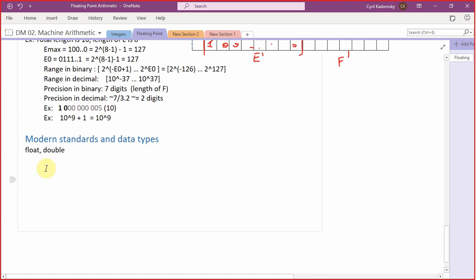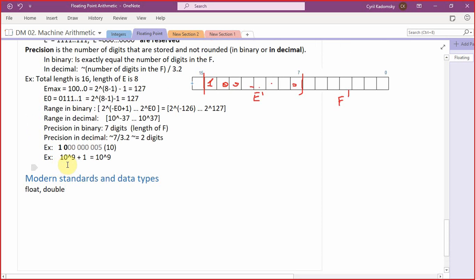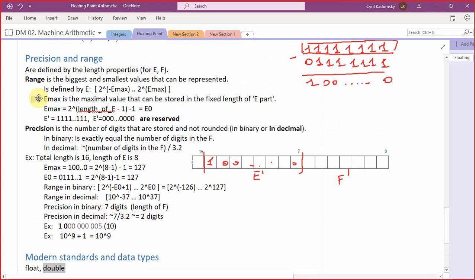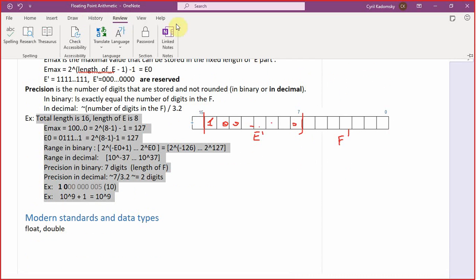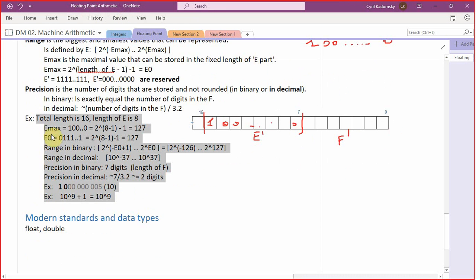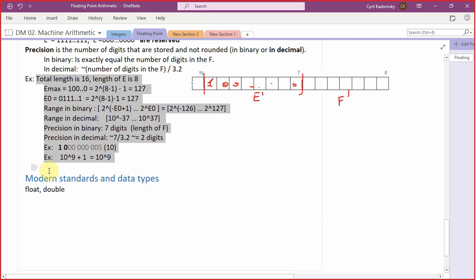And so we must talk a bit more. What do they say about precision and range? Now we have the framework for how exactly to calculate the precision and range of each of them. What we need to know is only the length of the exponent and the length of the fraction, or the total length of representation. Okay, we will not do it by hand, although at home I encourage you, please try to take some float or double.